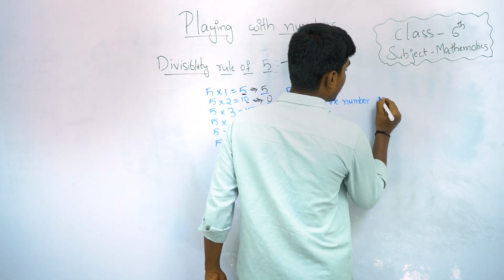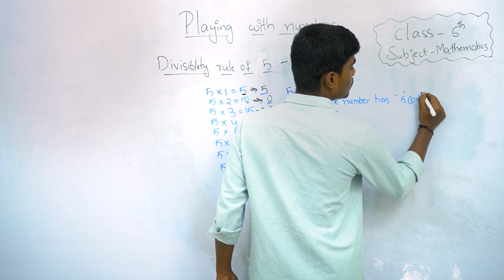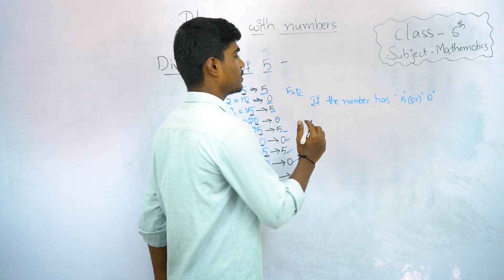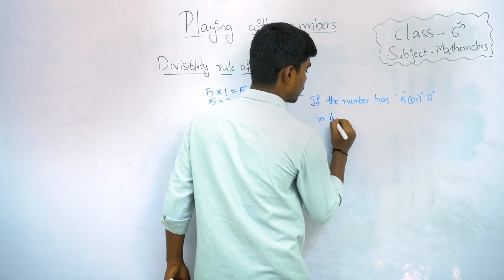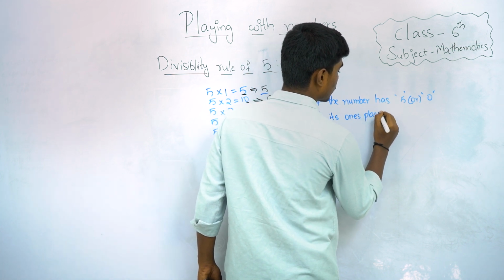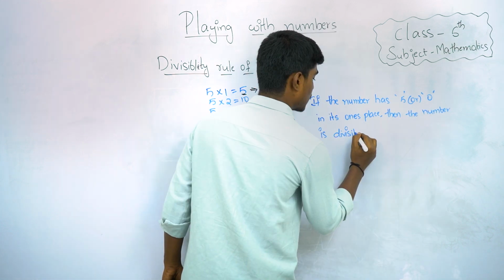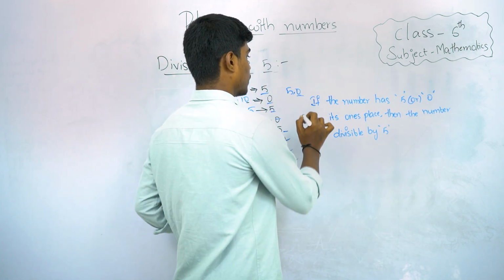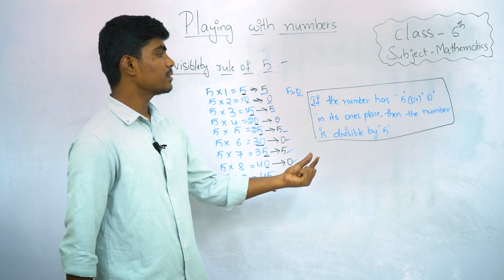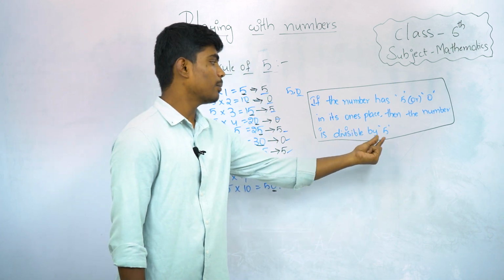If the number has 5 or 0 in its ones place, then the number is divisible by 5.